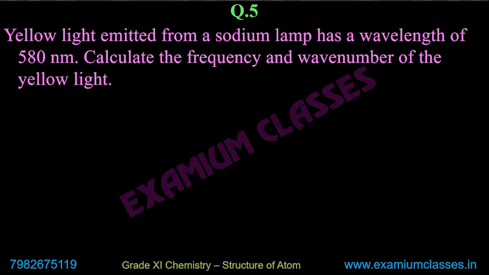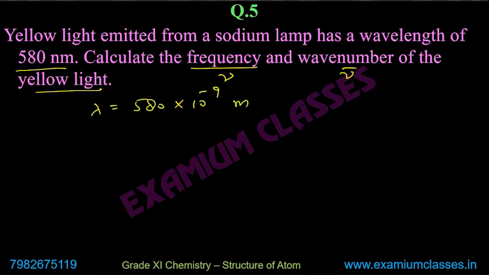Yellow light emitted from a sodium lamp has a wavelength of 580 nanometers. Wavelength is 580 into 10 to the power minus 9 meters. Nu is equal to c by lambda. Whenever we are talking about light, light contains photons and photons move with the speed of light, 3 into 10 power 8 meters per second.